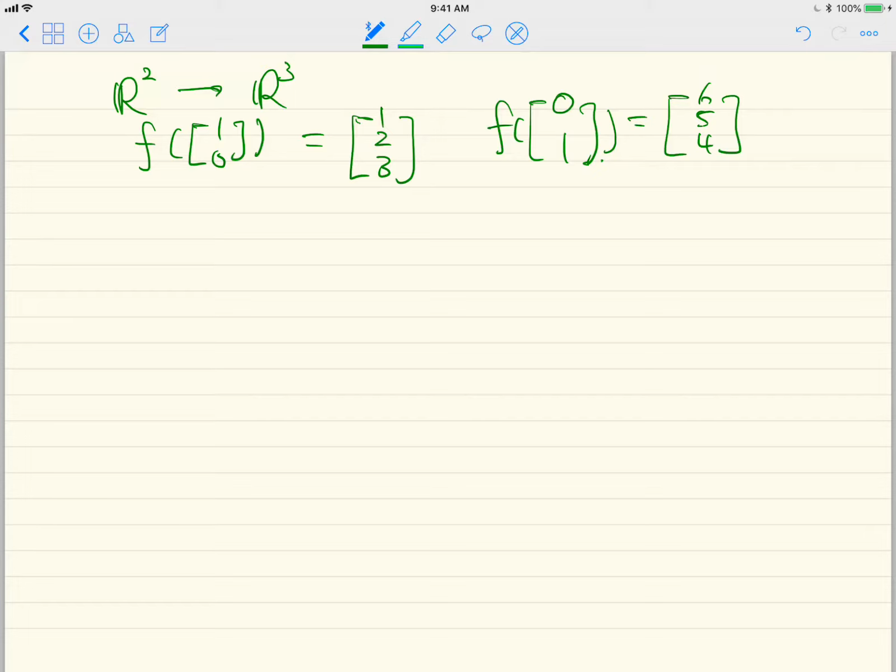So again, the clue that we are given is that our function is linear, and we have these two particular function mappings, of (1, 0) and (0, 1). Using these clues, we can obtain the full definition of our function.